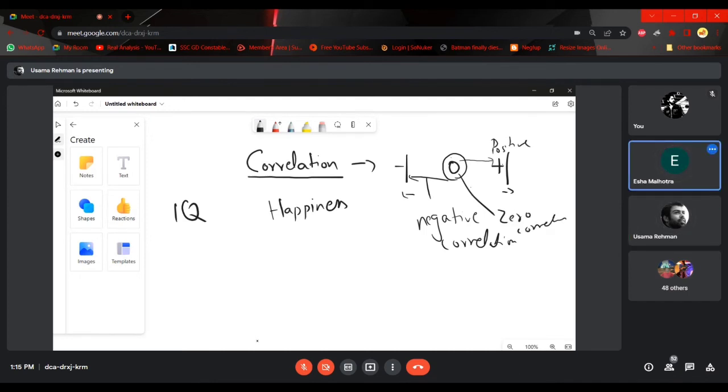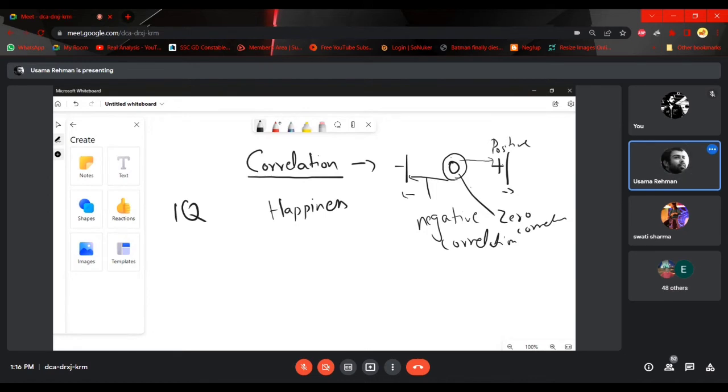Practically speaking, or theoretically also, in psychology you will never find a 0 correlation, because we human beings are so complex, and whatever variables come into play, they are all connected to each other. So either it will be minus or it will be positive.